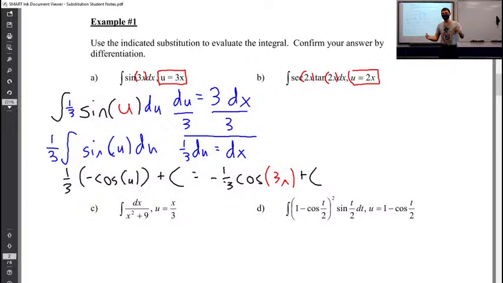That's what u substitution says: to undo that process separately from thinking about the antiderivative rule. So u is 2x, then du, derivative of 2x is 2, and we'll put a dx there.